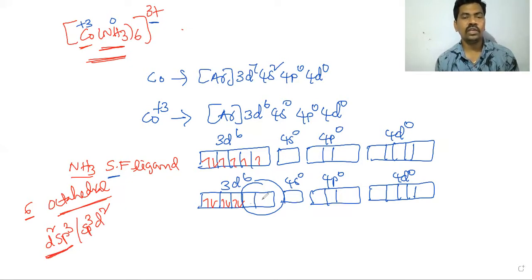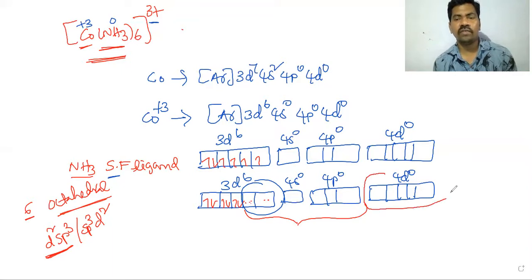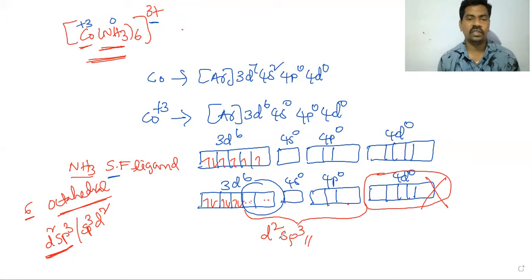So the two vacant d orbitals, one s orbital and three p orbitals are involved. D2sp3 is the hybridization here.